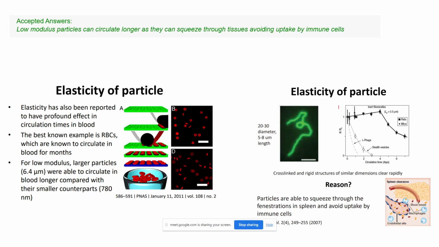For low modulus, larger particles were able to circulate in blood longer compared with their smaller counterparts. And this is how particles are able to squeeze through the fenestrations in the spleen and avoid uptake by the immune cells. That is why they are able to circulate for a longer duration as compared to stiffer or higher modulus particles.